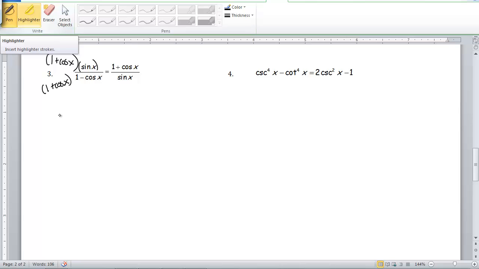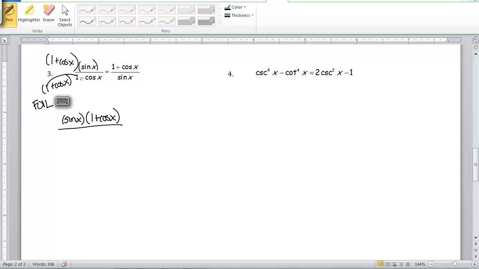Now with the numerator, that's going to give me the sine x that was there times the 1 plus cosine x that was my conjugate I multiplied by. In the denominator, I'm going to have to do FOIL to multiply and see what I get once I'm simplified. So 1 times 1 is going to give me a 1. 1 times negative cosine x is a negative cosine x.